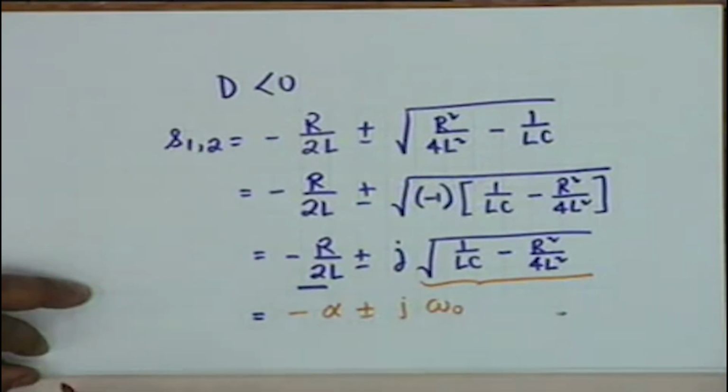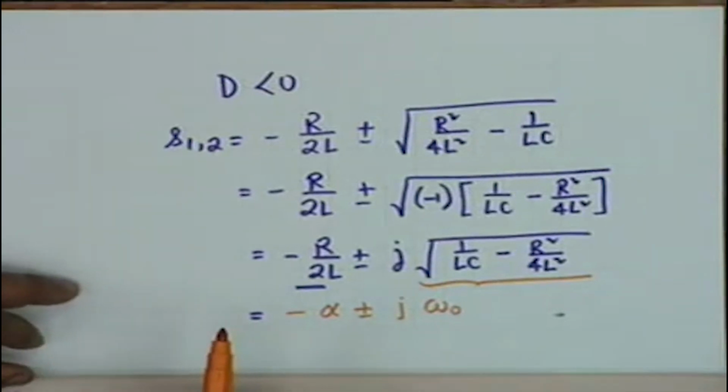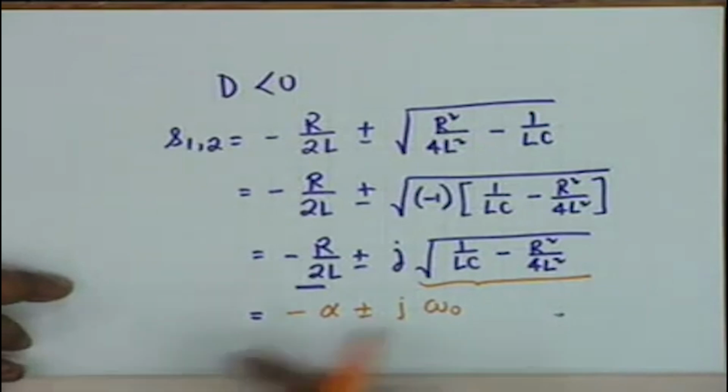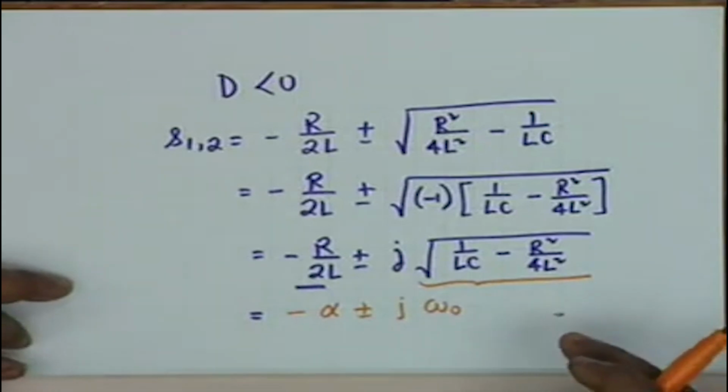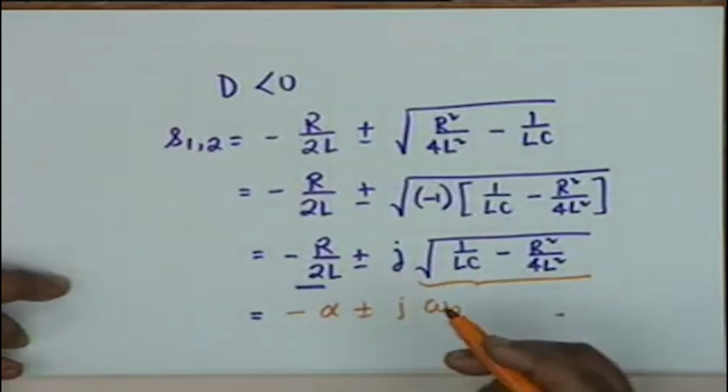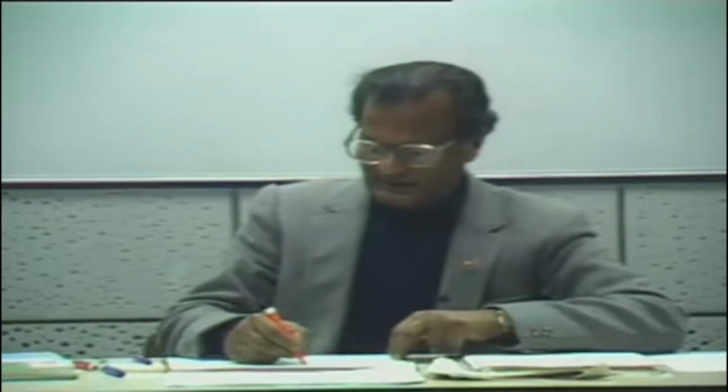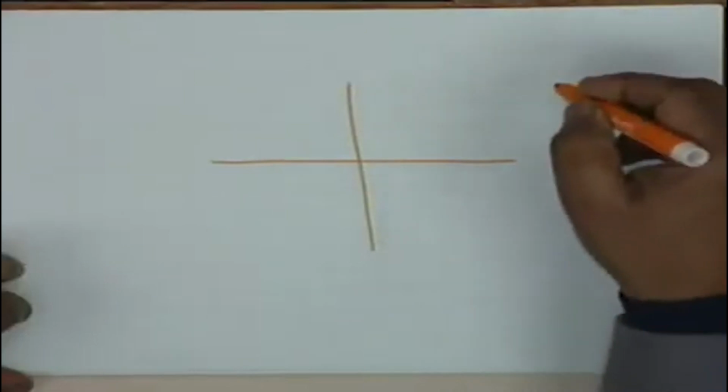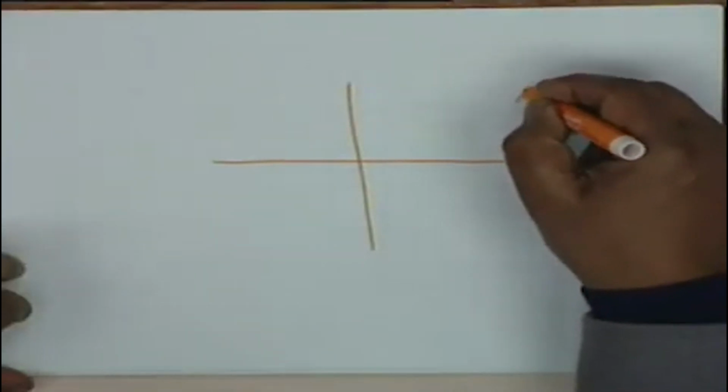So the roots are in general complex, minus alpha plus minus j omega 0, and any complex quantity can be represented in the complex plane, which is a two-dimensional plane with rectangular coordinates. Along the x-axis we represent the real part, along the y-axis we represent the imaginary part, and that complex plane we shall denote as the S plane.